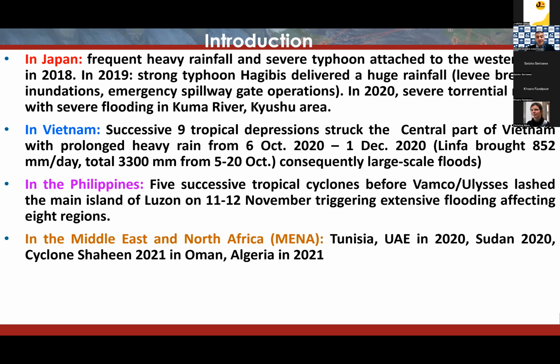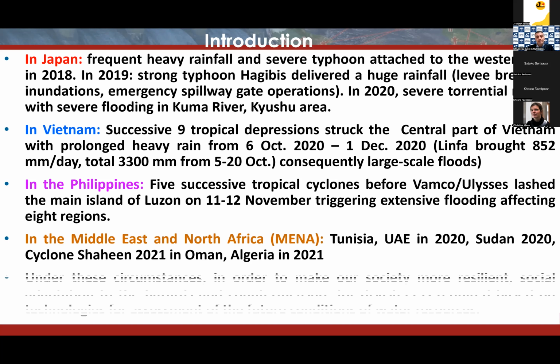And in the Middle East and North Africa, many countries in 2020 have been hit or flooded. In 2021, if you remember, the cyclone Shaheen in Oman created lots of damages and inundation area in Oman, and heavy losses as well.